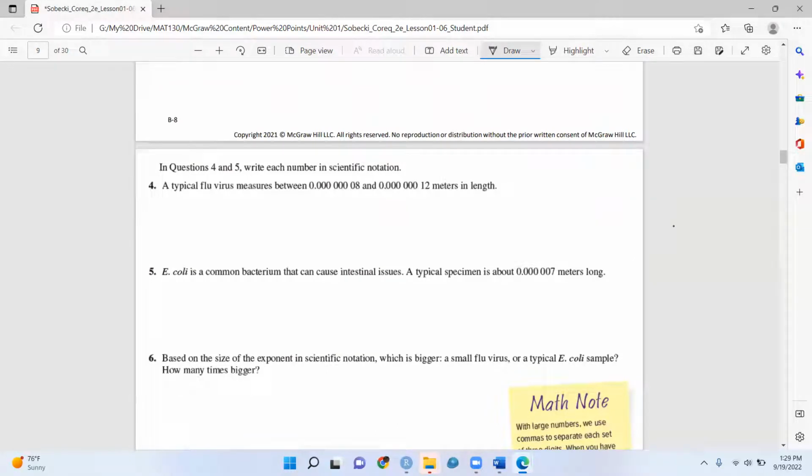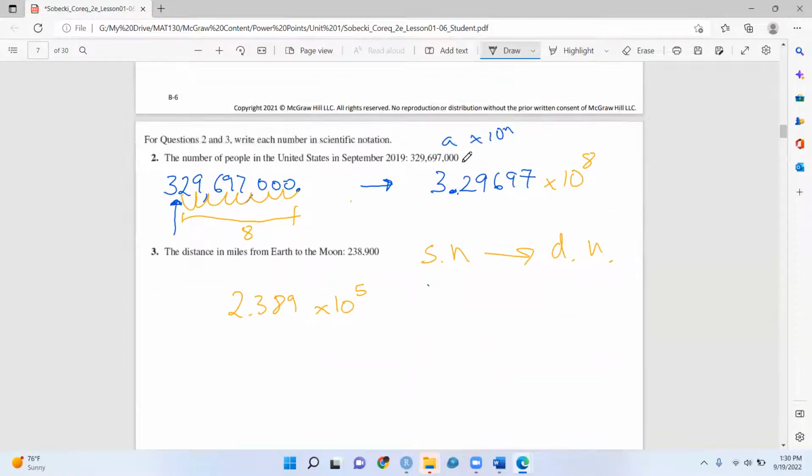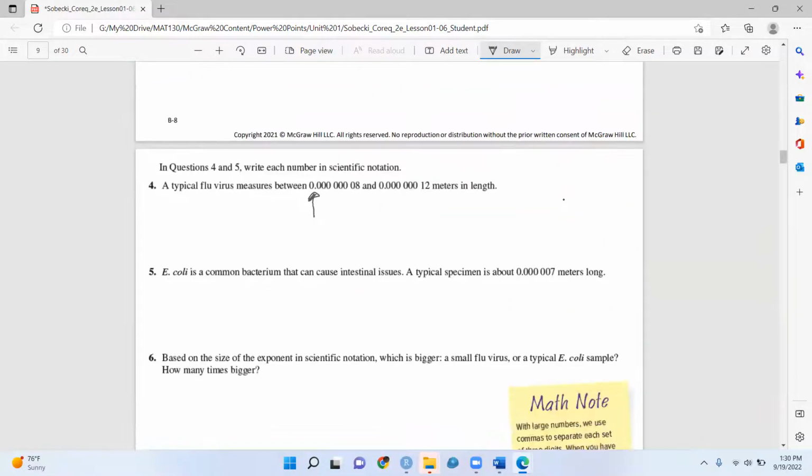So here we have this one. In some ways, this is easier because the decimal point has to be in the number already. It's visibly there. Whereas in the large numbers, the decimal point is not visibly there. You have to remember, oh, it's at the far right. But we do the same thing. We've got to count how many times we moved this decimal. So I've got once, twice, 3 times, 4, 5, 6, 7, 8.